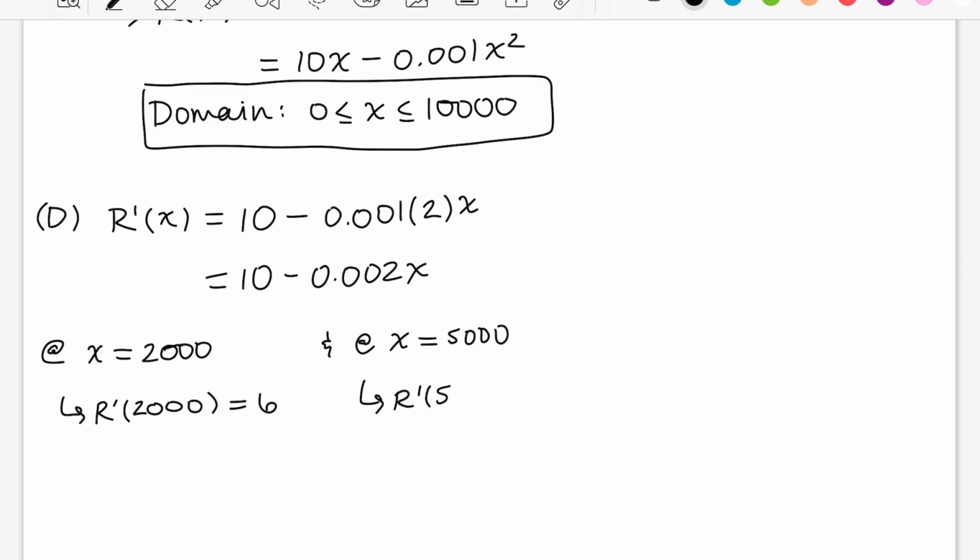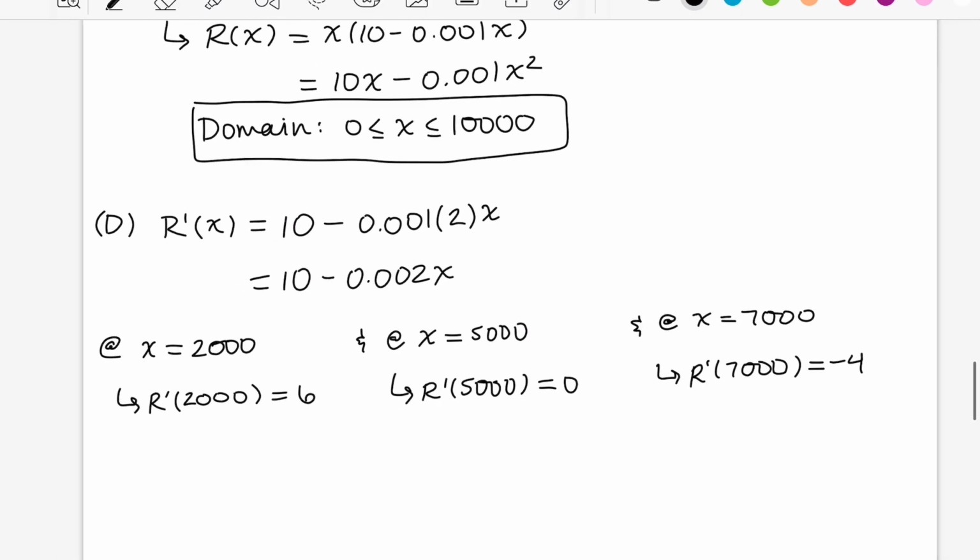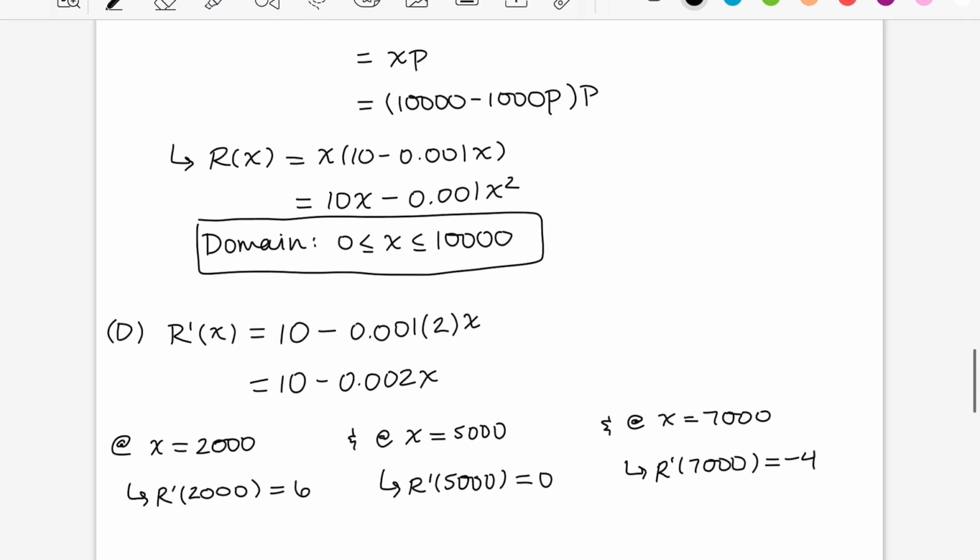So plugging that in, we get 0. And lastly, we'll look at X is equal to 7,000. And we get negative 4. All right. So that was that example.